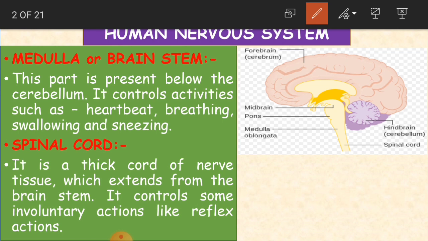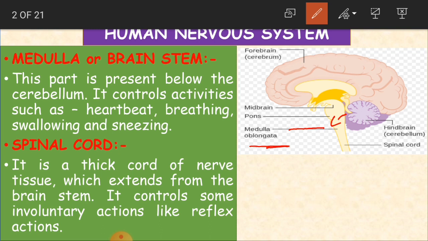See children, this part, where is it? Medulla, see here in the diagram. This part is called the medulla oblongata and it is present just below the cerebellum. And what does this do?